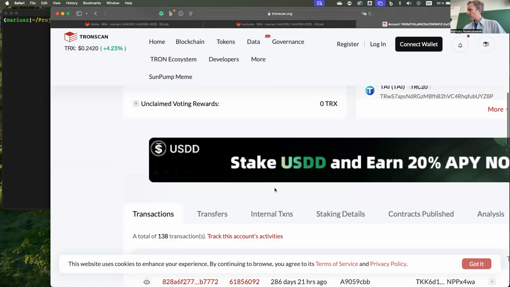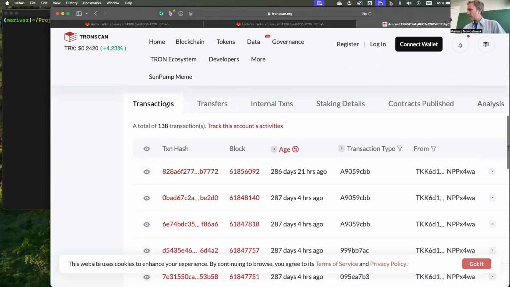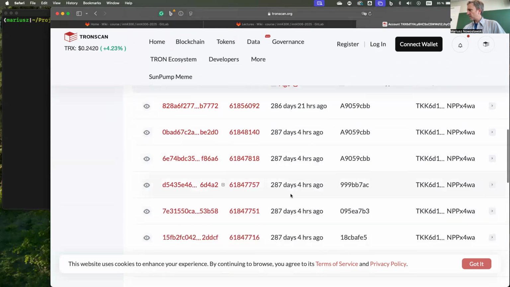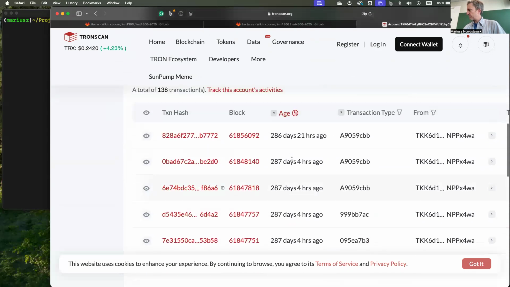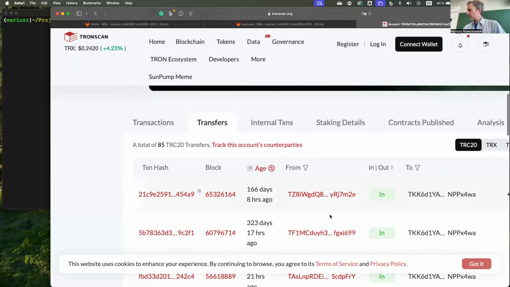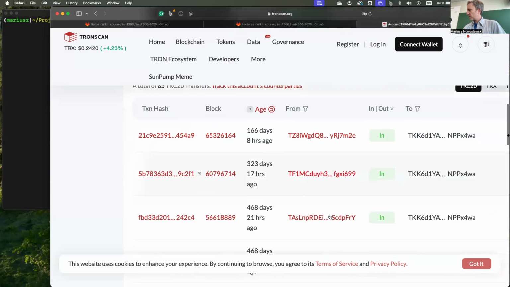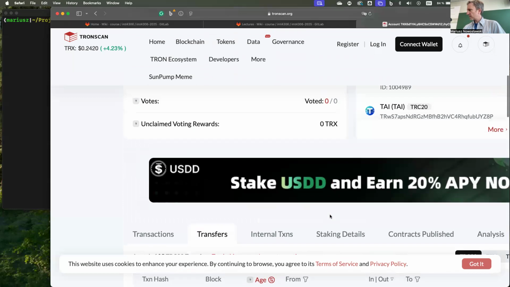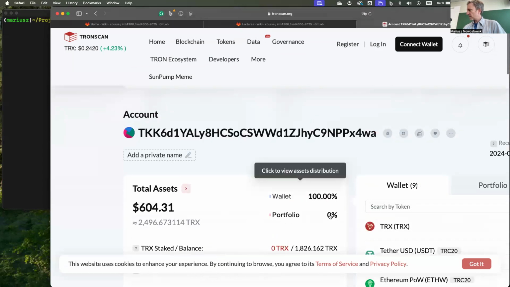So for this one, we can see transactions. And there were some transactions 282 days ago. And we can see what has happened out of the account.